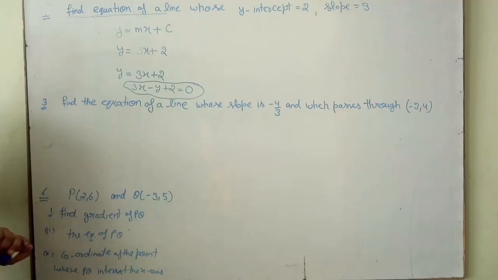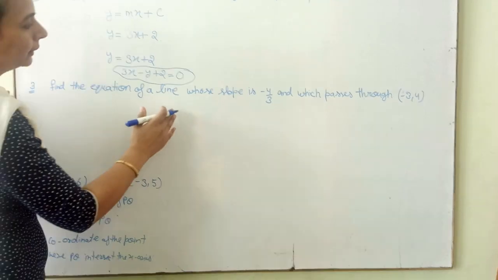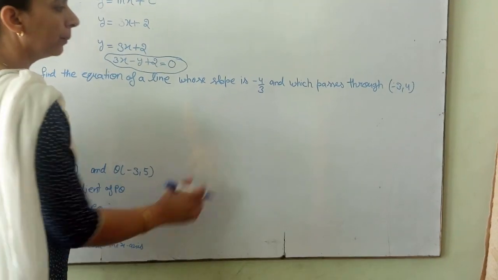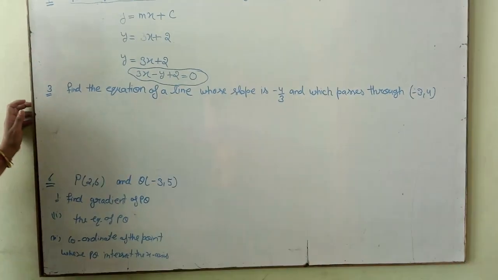Clear, students? Again, question number three: find the equation of a line whose slope is minus 4 by 3 and which passes through minus 3 and 4.